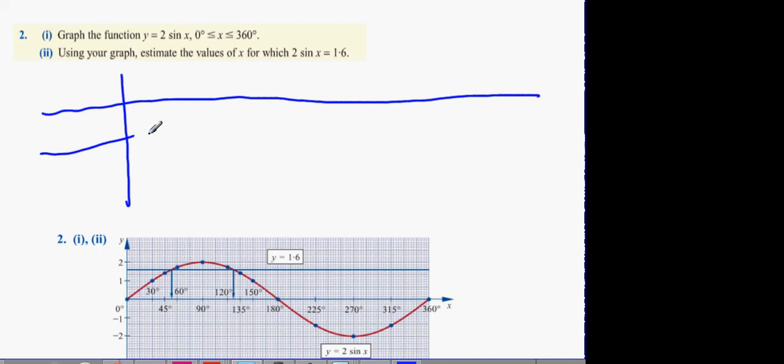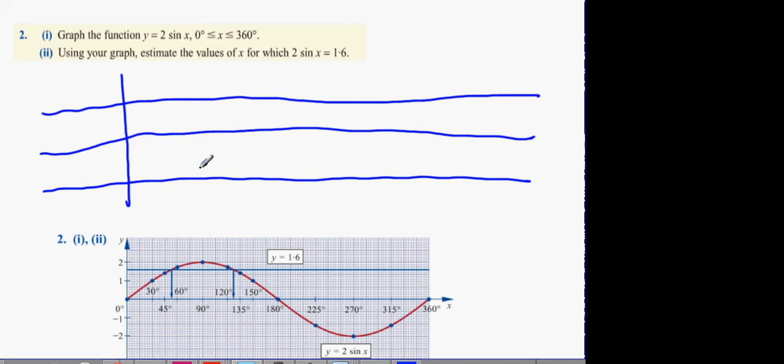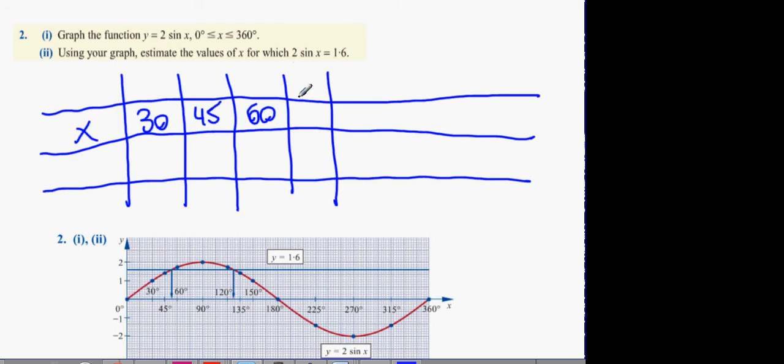I'm going to do it in the main values, okay? So look at this. Count up like this: 30, 45, 60, 90, then 120, 135.